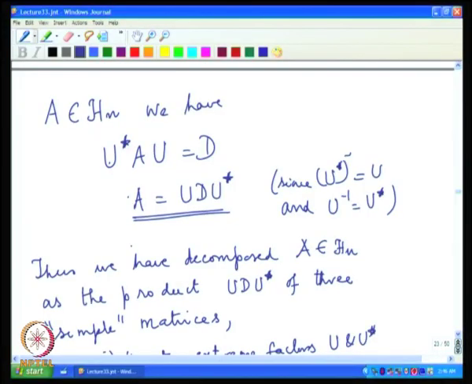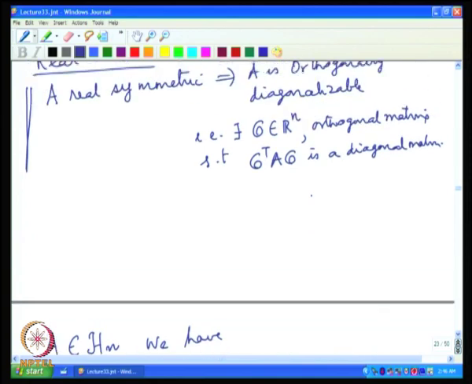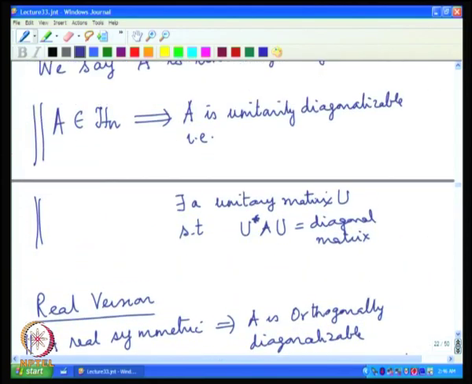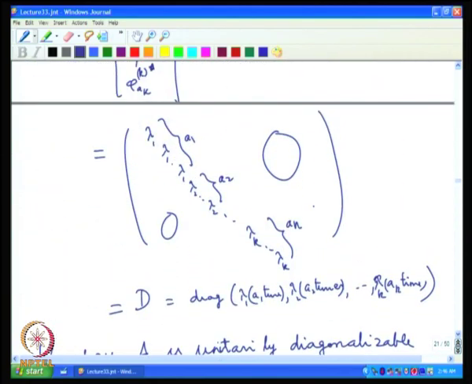You must notice here that in the decomposition we require U and D. U star is known once U is known. U and D are the two required matrices. D is known through its eigenvalues, because D is the diagonal matrix whose diagonal entries are all eigenvalues.